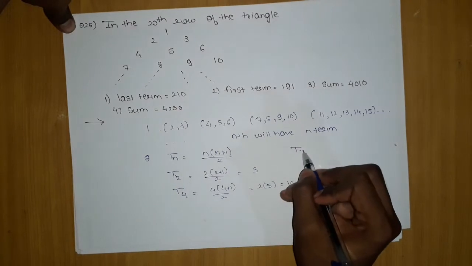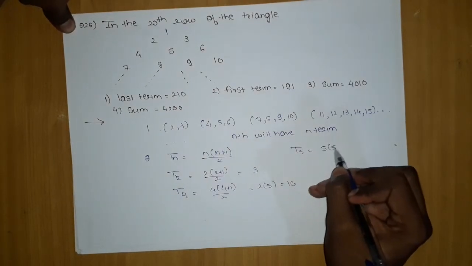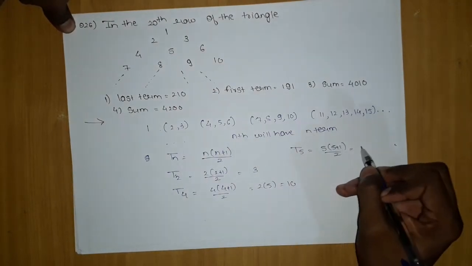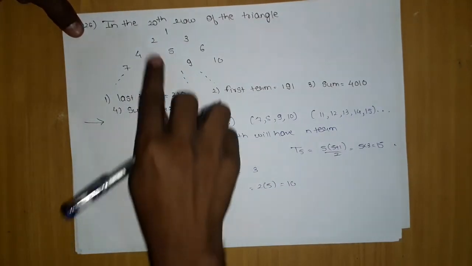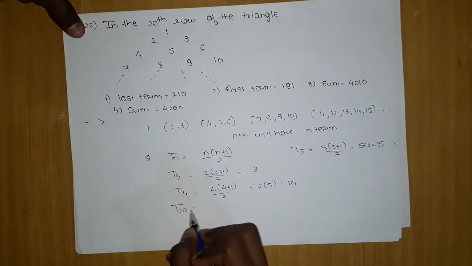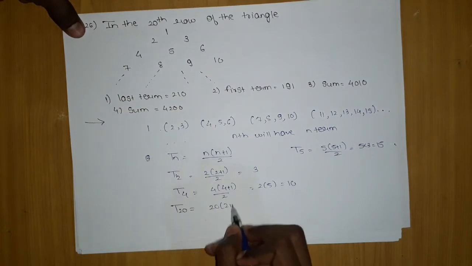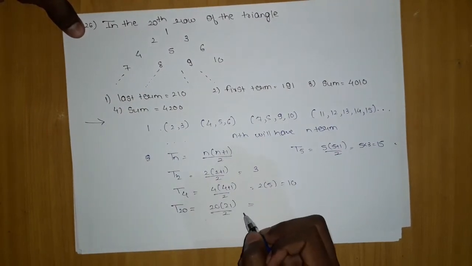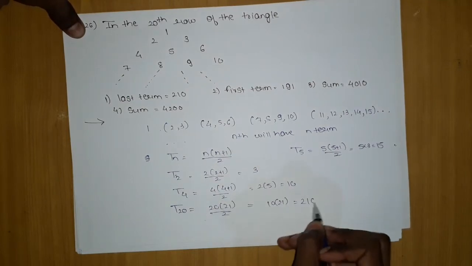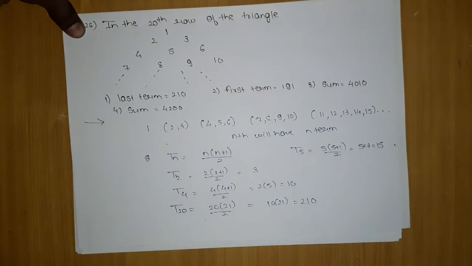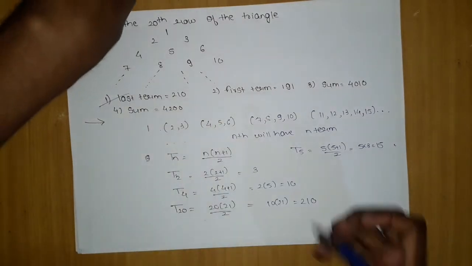The fifth row: 5 into 5 plus 1 by 2 gives me 5 into 3, 15. Similarly, can I know the 20th row's last term? Yes, T20 is 20 into 21 by 2, which is 10 into 21, which is nothing but 210.